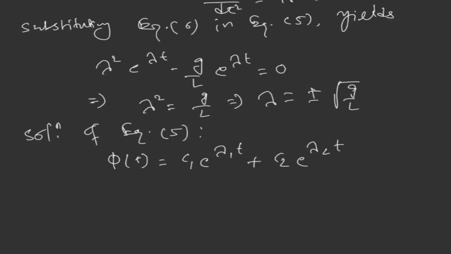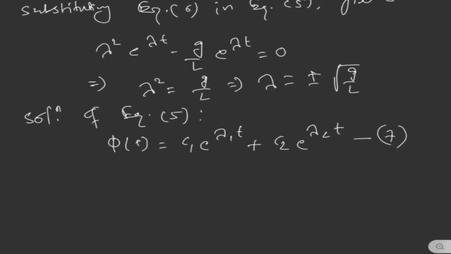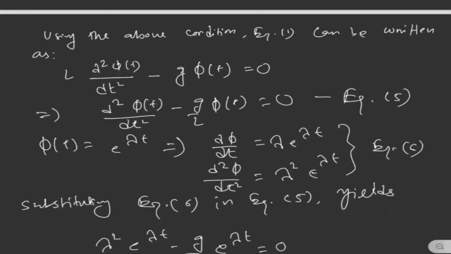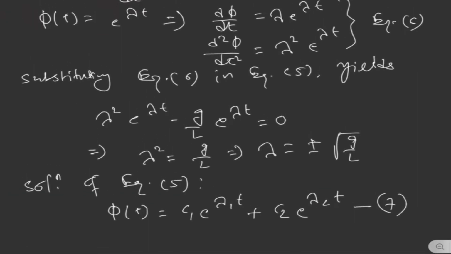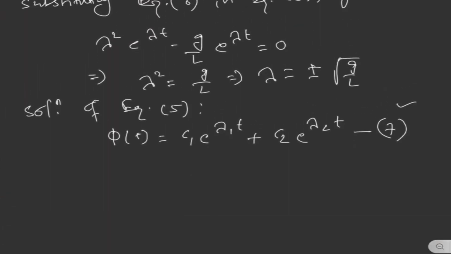So if you look carefully at this equation number 7, and if you plot the response of the respective systems, equation number 4 and equation number 7, we can have, if you find the response, this.